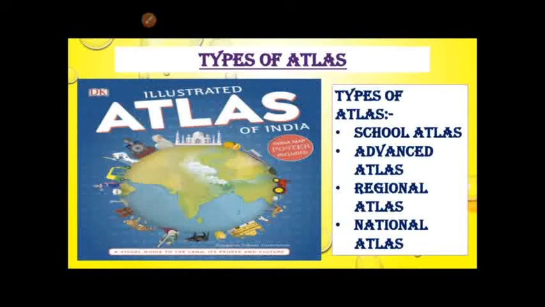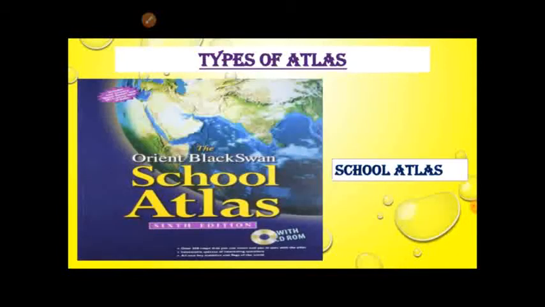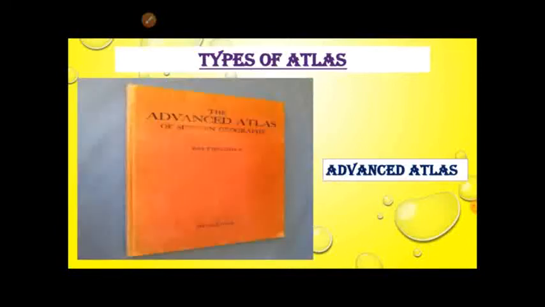Types of atlas. Atlas is divided into school atlas, advanced atlas, regional atlas, and national atlas. School atlas. A school atlas contains maps giving sufficient details of the home and country. Advanced atlas. An advanced atlas contains detailed maps of even small regions of the continents and is used as a reference atlas.